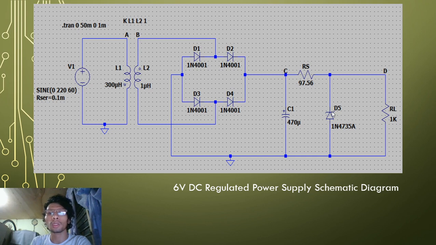And the Zener diode that I used is 1N4735A with 1000 milliwatts PZ max, and assuming that the load resistance is 1K, but this is a variable load.